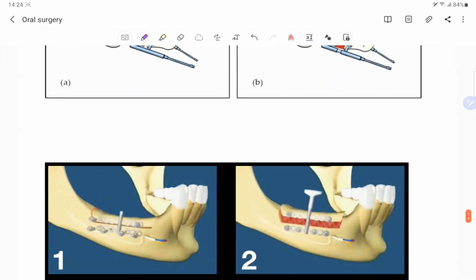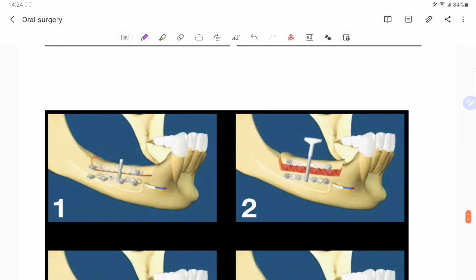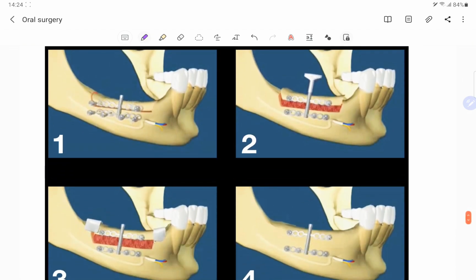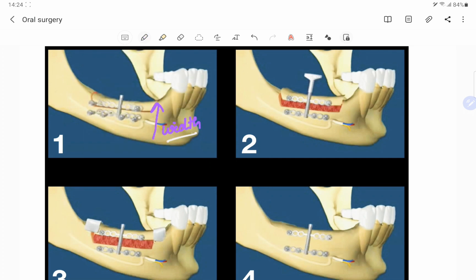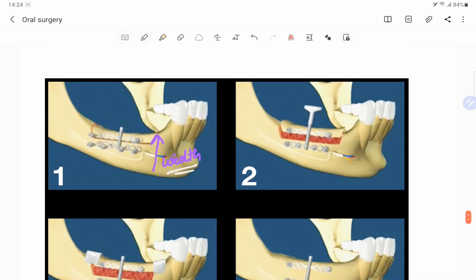The first thing which we do is prepare an osteotomy. As you can see in the diagram over here, our main goal is to increase the width. So to increase the width of this particular area, we have prepared an osteotomy.